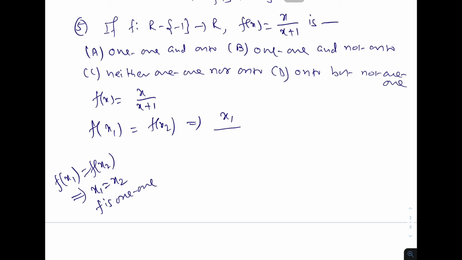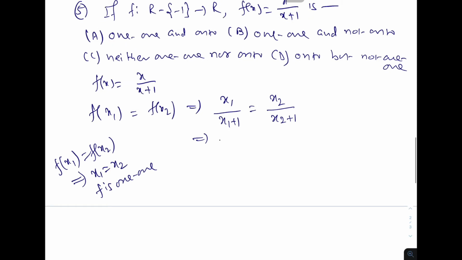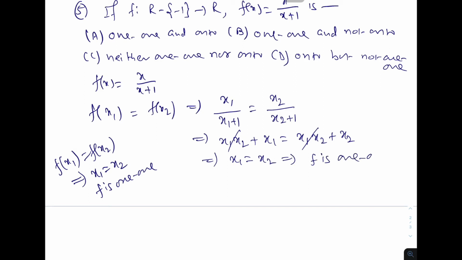So f(x1) equal to f(x2) implies x1 over x1 plus 1 equal to x2 over x2 plus 1. If you take the cross multiplication, x1x2 plus x1 equal to x1x2 plus x2, and so this would imply x1 equal to x2, and so f is 1-1.